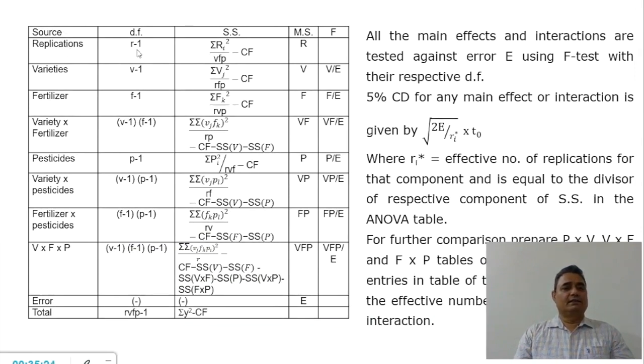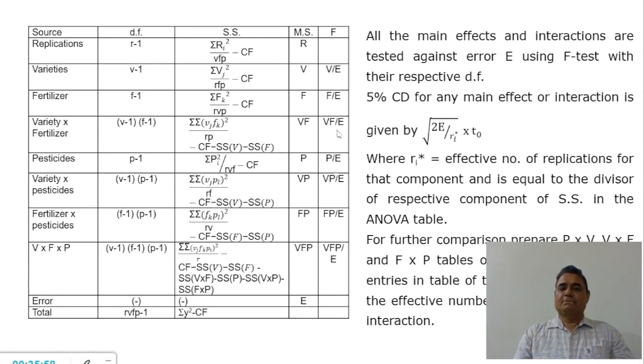Here, replication has R minus 1, variety V minus 1, fertilizer F minus 1, then variety into fertilizer V minus 1 into F minus 1, then pesticide P minus 1, variety into pesticide, and so on for all these degrees of freedom. The total treatment sum of squares is divided into variety, fertilizer, their interaction, pesticide, variety into pesticide interaction, fertilizer into pesticide interaction, then the interaction of variety, fertilizer and pesticides.